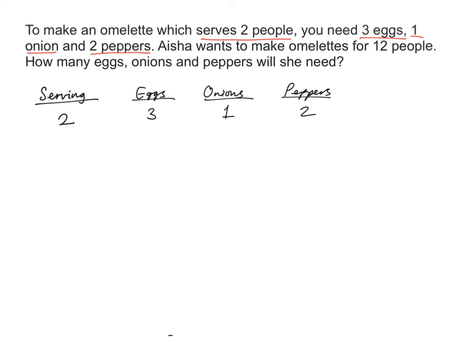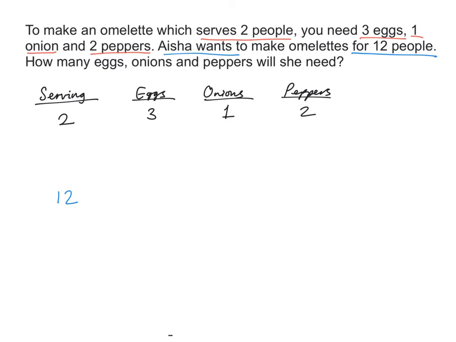Now, Aisha wants to make omelettes for 12 people. So now the serving has become 12. Now, you see here, it is a multiplier question. Why is it a multiplier question?